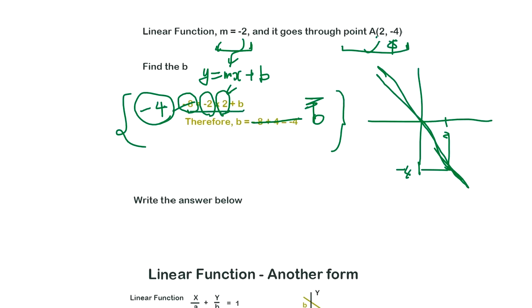So b becomes like this. Negative 4 minus negative 4. The same value you subtract, then it's 0. So b is 0 here, with this x and y. It should look like this. Okay?